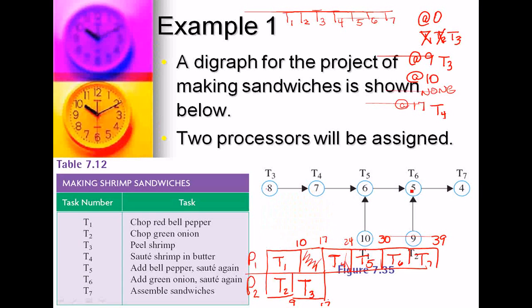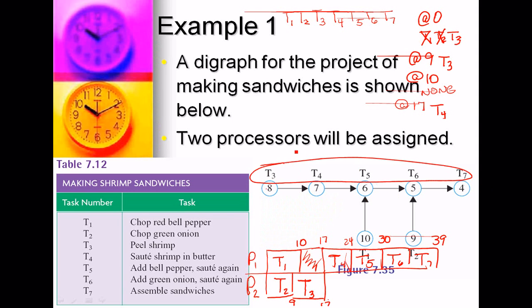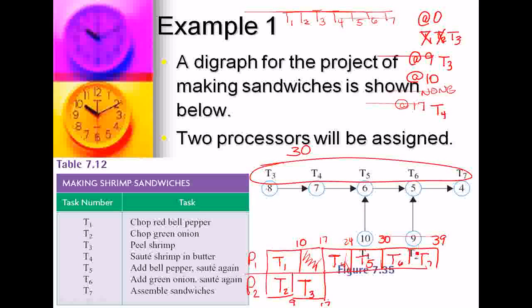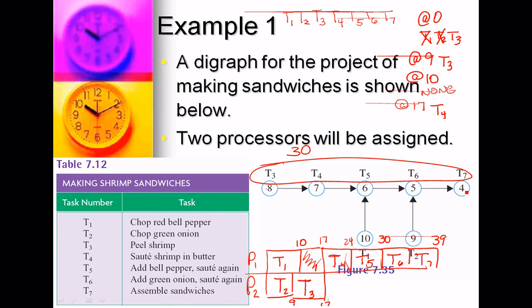So that's 8, 15, 21, 26, 30. Or if we go T1, T5, T6, T7, that's 25, so that's not bigger than 30. We do T2, T5, T4, that's 18, that's not bigger than 30. So this is our critical path, our maximal path, and this is our critical time, which is 30.